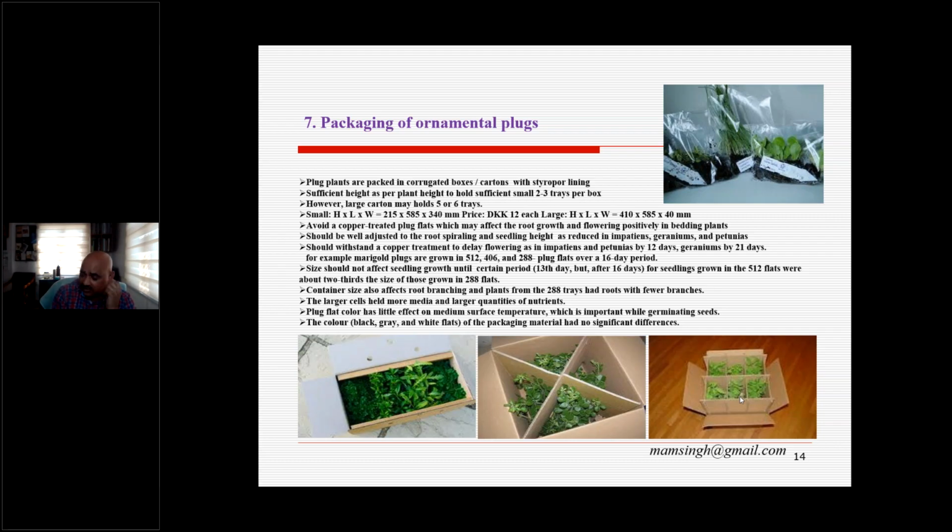So care should be taken in transportation rather than using sleeves. We see largely 90% of people pack in the sleeves and then transport.